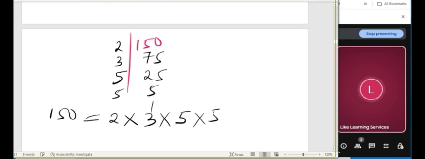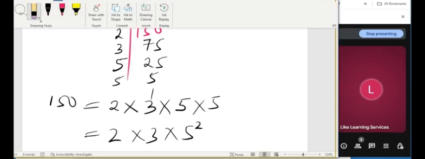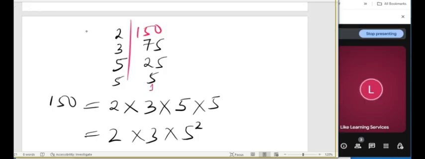If you like, you can say 2 times 3 times 5 raised to the power 2, which is the same thing. Yes, that's it.